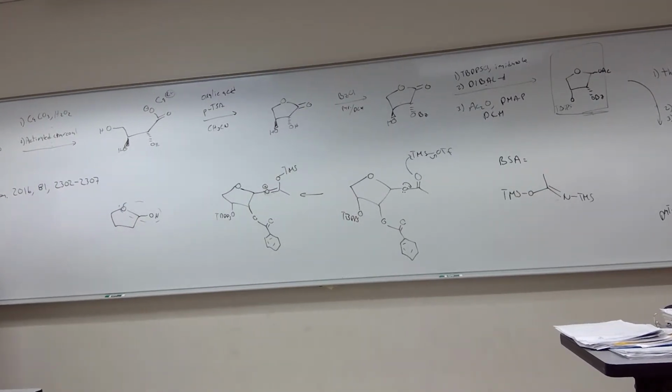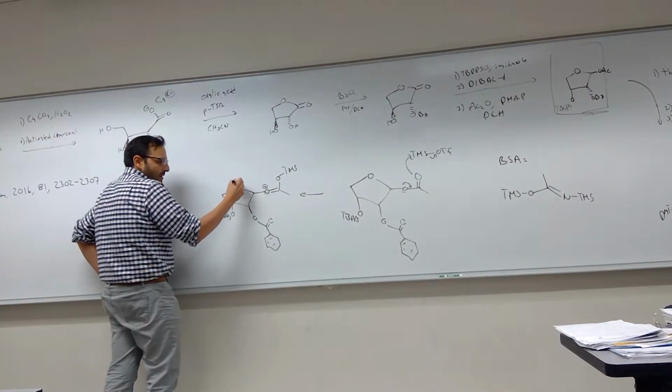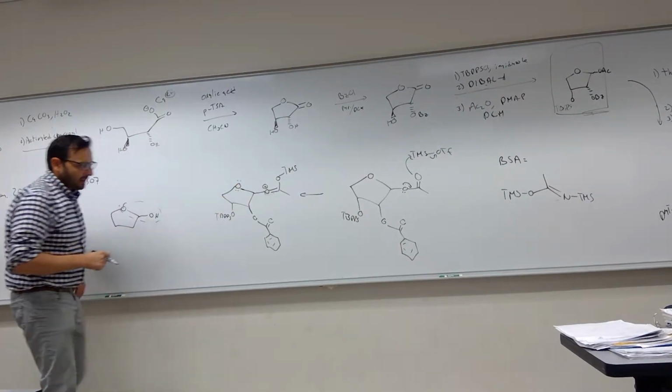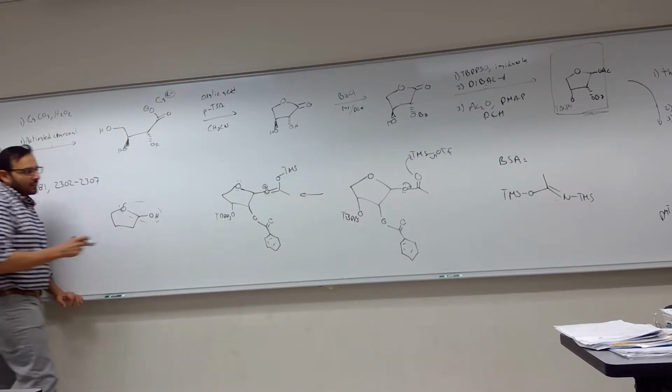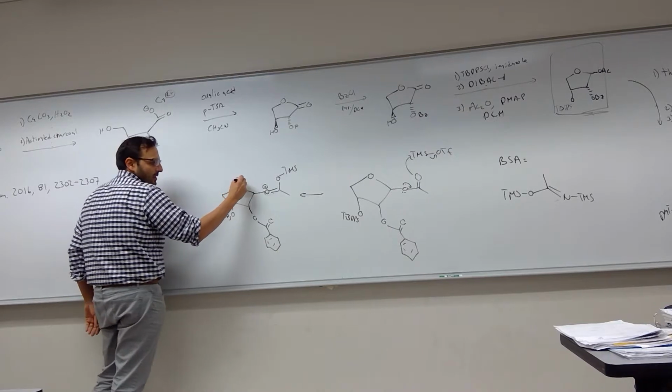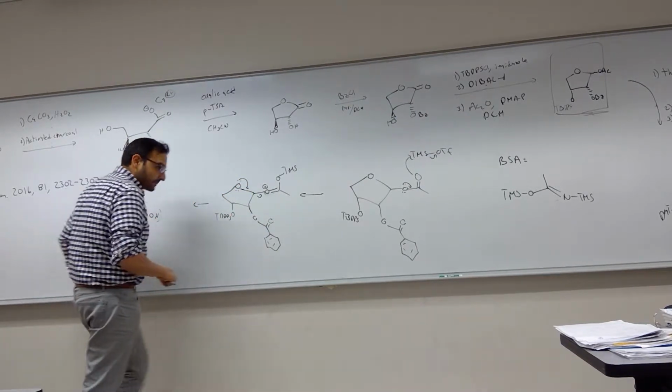They can open up, and in this particular case this is assisted by the oxygen, by the C4 oxygen. So you can imagine that you can get something like this.